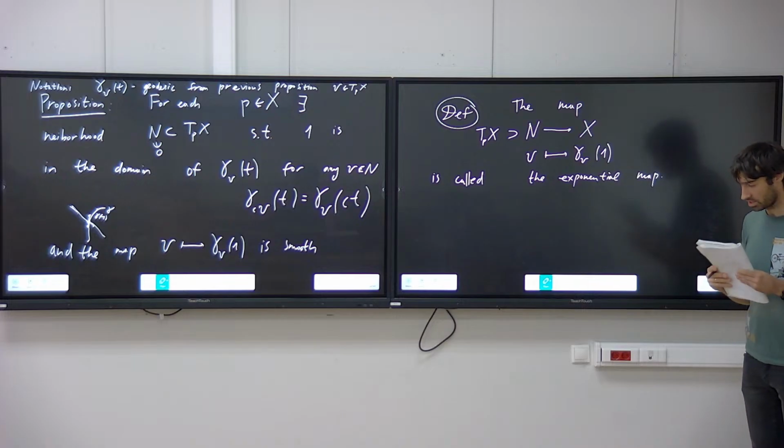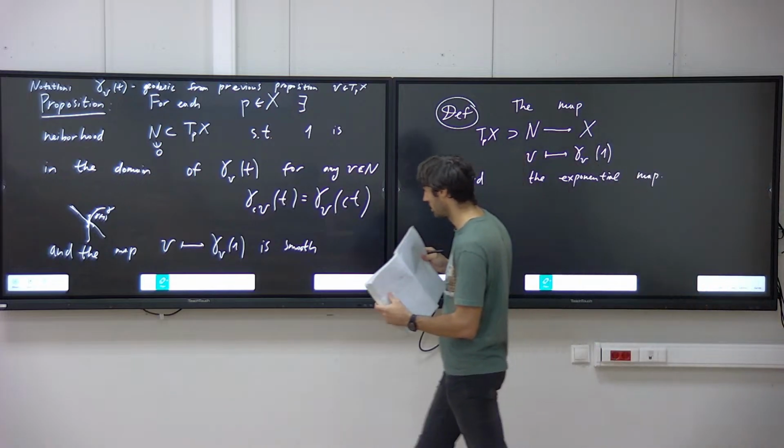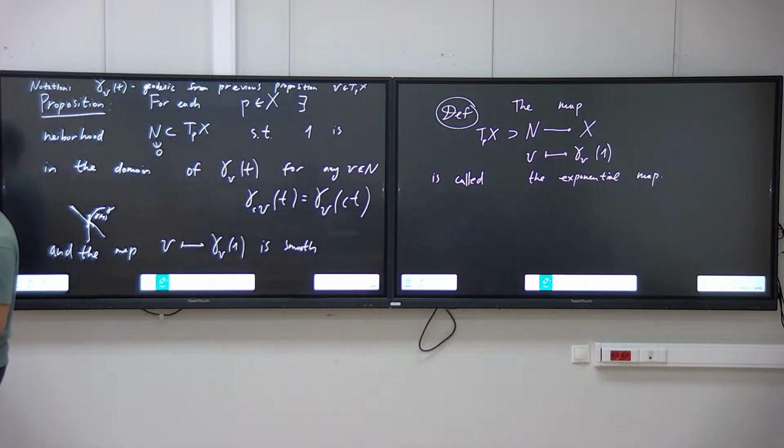And okay, next time we'll see some properties. But now I can use it in the symplectic range.